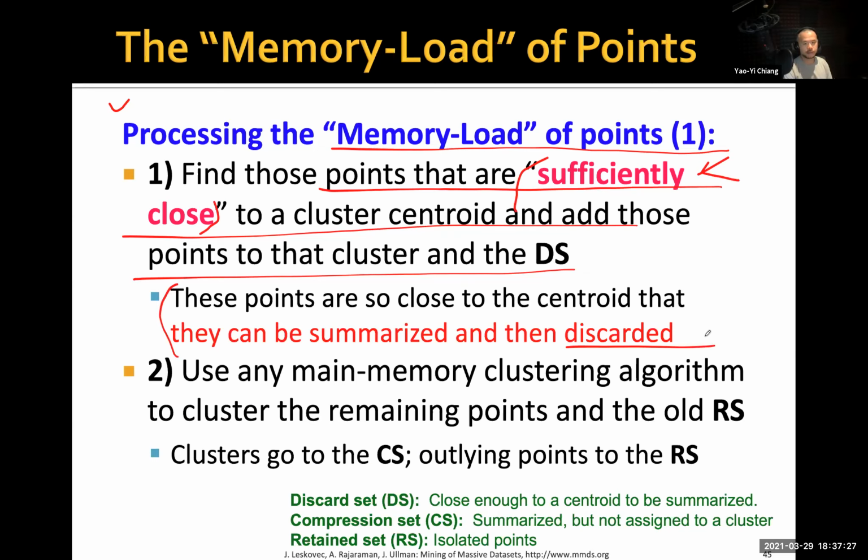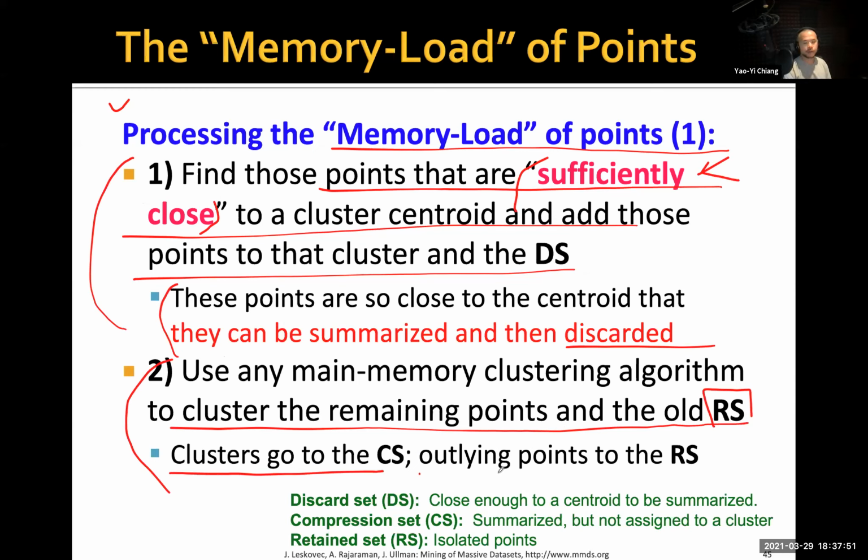So these are your DS. Once you do that, you use any in-memory clustering algorithm to cluster the remaining points and the retained set from the last run. If you can find clusters, the clusters will go to the CS, and outlying points will go to the RS.